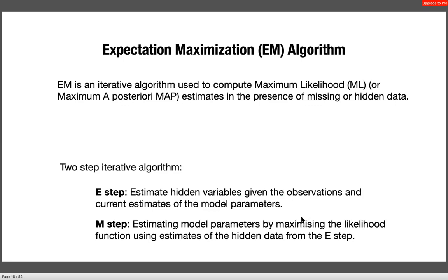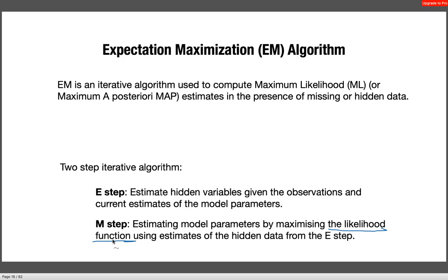So here I'm saying estimate the model parameters by maximizing the likelihood function. We are not strictly going to be maximizing the likelihood, but rather an auxiliary function, which is known to be upper bounded by the likelihood function. So I'll go into details of what exactly we'll be maximizing, but this is the two-step iterative algorithm.